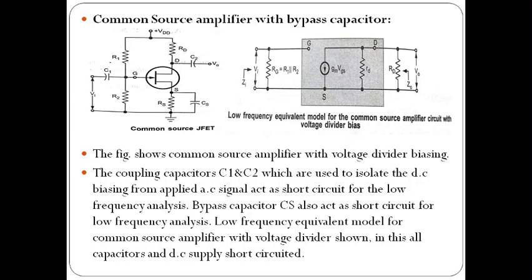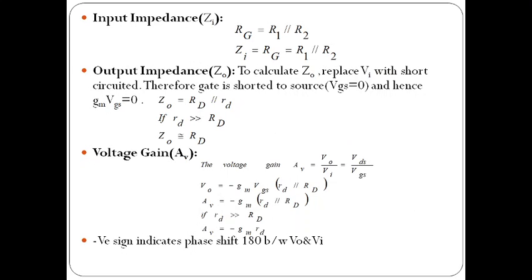From that we draw the equivalent circuit model of this common source amplifier with voltage divider and bypass capacitor. In the low frequency model all the capacitors are short circuited and the DC supply is also short circuited.